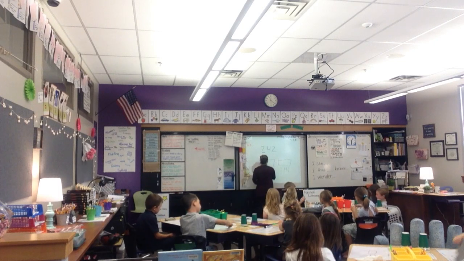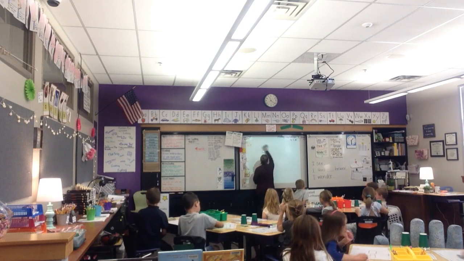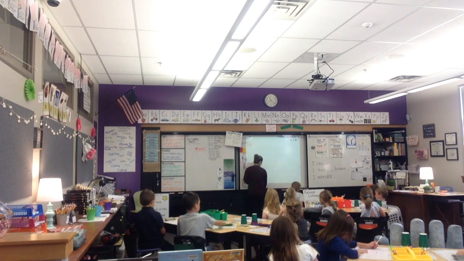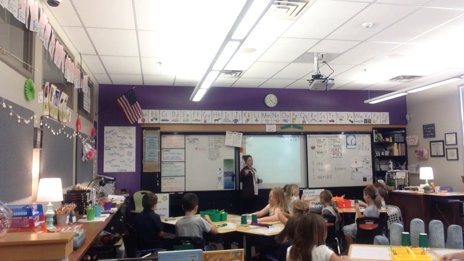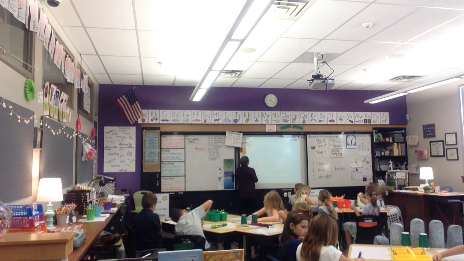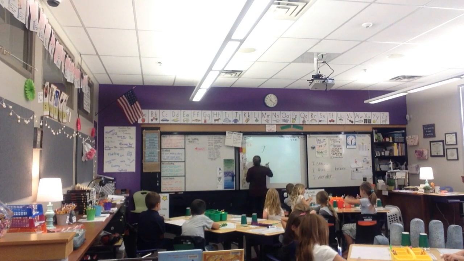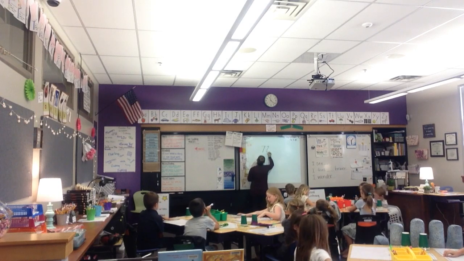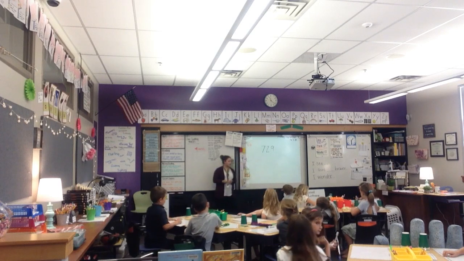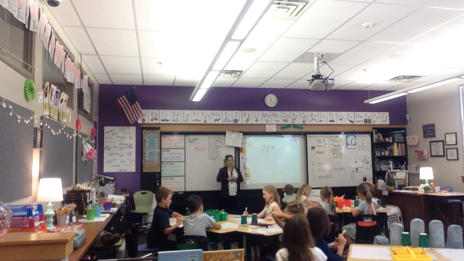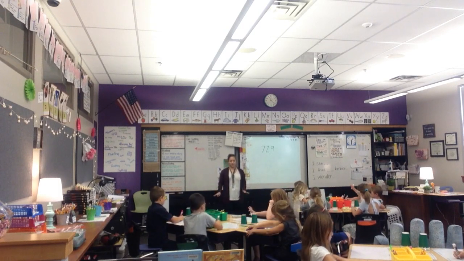I have to use my bubblegum brain to think of a good number that'll really trick you guys this time, because that one was too easy. 729. You might have to draw your squares a little bit smaller to fit all of your squares.